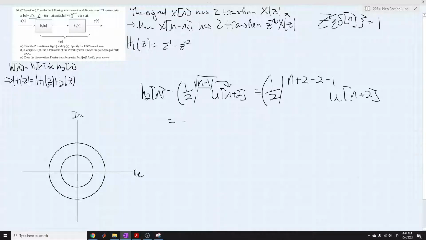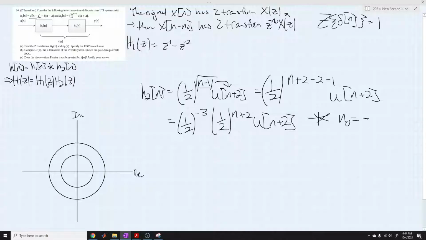Working through it, that gives us (1/2)^(-3) times (1/2)^(n+2) times u[n+2]. That means we have an n0 equal to negative 2. And we have (1/2) to the negative 3rd power, so we have 8 times (1/2)^(n+2) u[n+2].